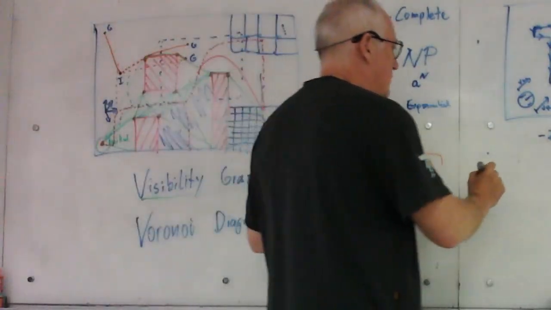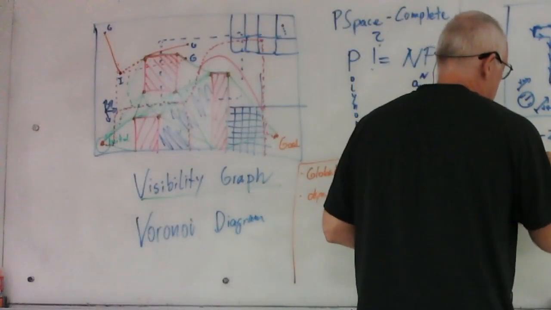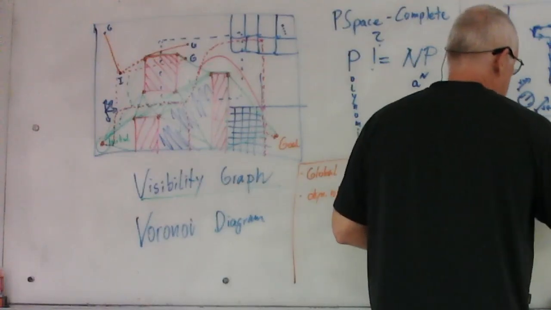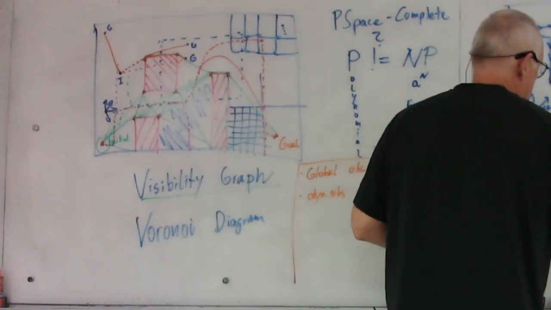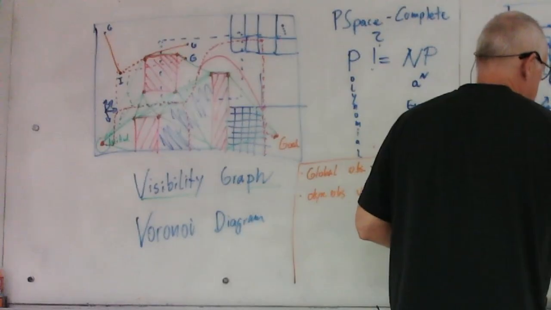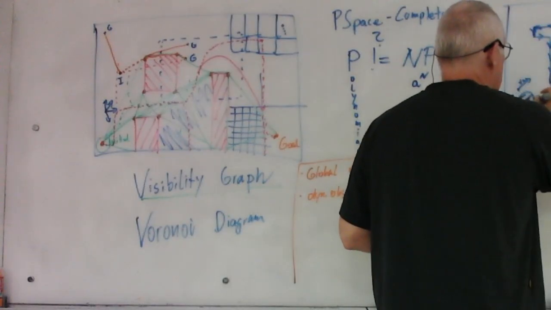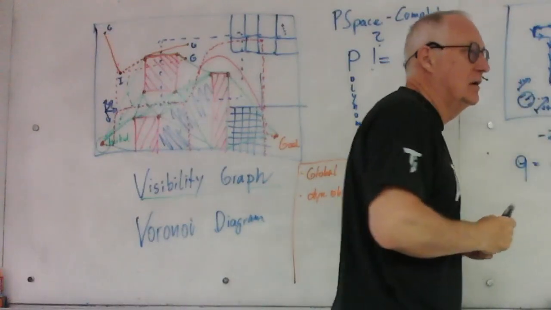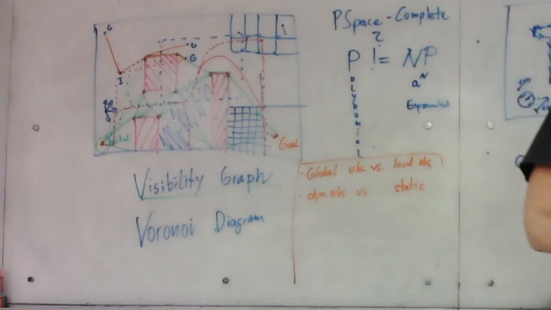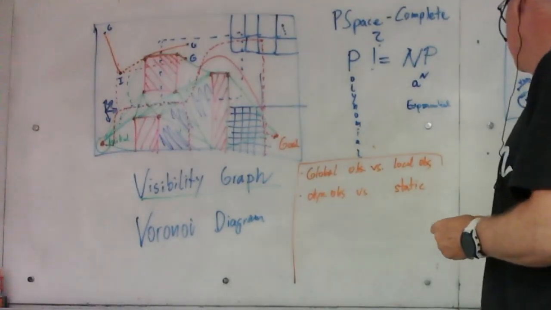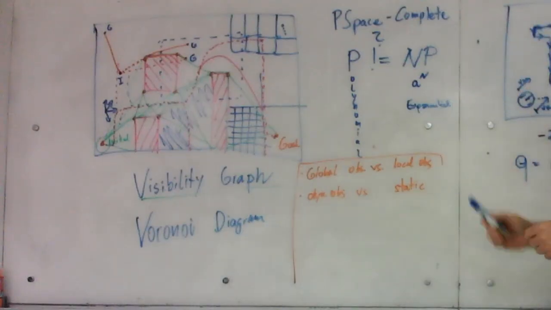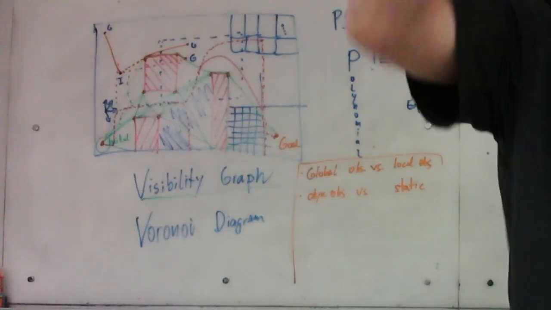So the state of our robot, which in robotics is usually Q, would be X, Y, and theta, where theta is the angle between the x-axis and the direction of the robot.